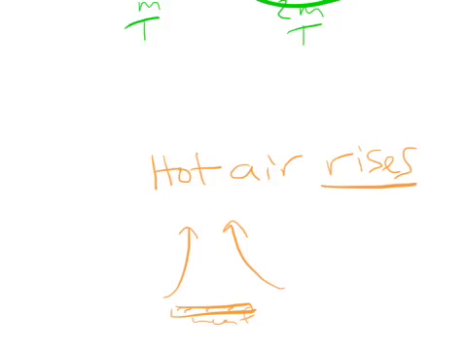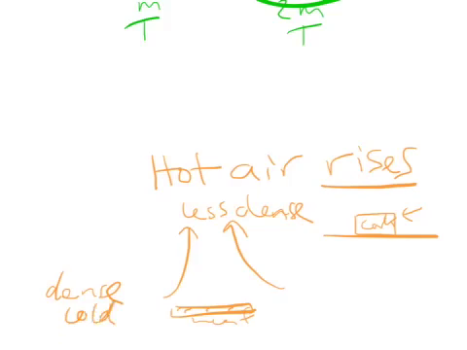The hot air over the top will rise as it takes up more space. This is the same way that a piece of cork will float on water, because the cork is less dense. So the less dense air, which is hotter because the air is expanded due to that extra kinetic energy vibrating the particles to take up more space, rises, and you have more dense, cold air coming in from the sides.